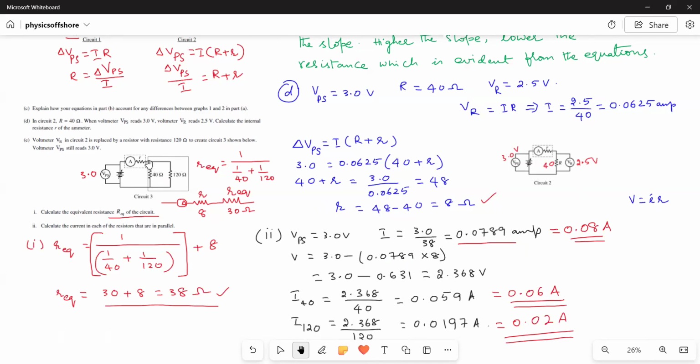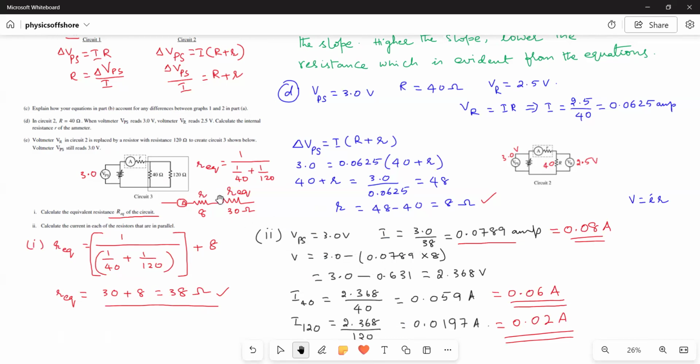junction. So voltage drop at the junction is equal to total voltage at the power supply minus voltage drop at the ammeter. So VPS minus the voltage across the ammeter is equal to the voltage at the junction. VPS is equal to 3 minus the voltage across the ammeter.